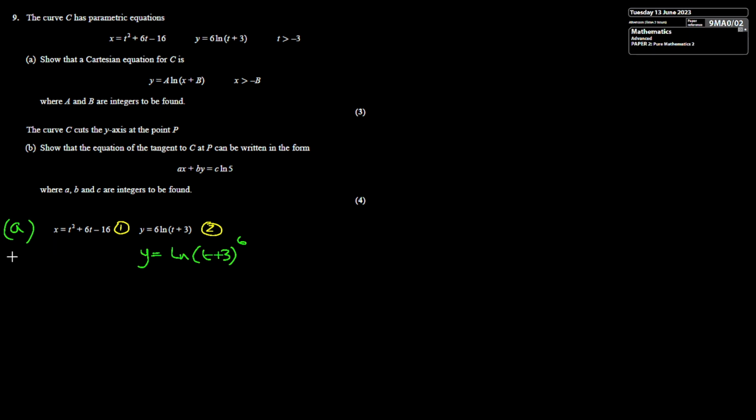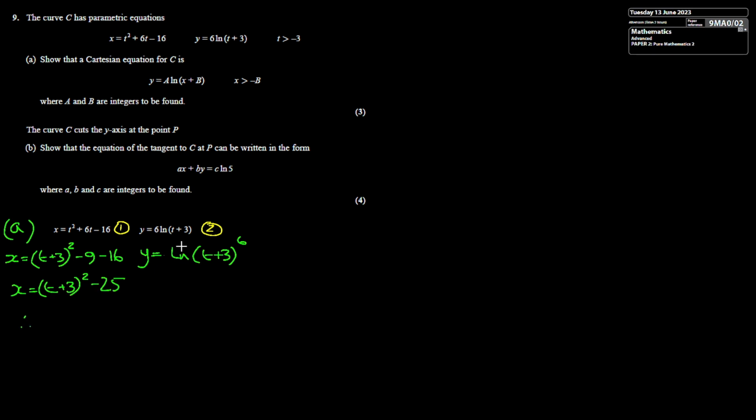So if we complete the square, x is equal to (t plus 3) squared. Now that will give us the t squared and the 6t, but it will also give us a positive 9 that we won't want. So I want to take that away immediately and then just copy and paste the negative 16 on here. So I get x is equal to (t plus 3) squared minus 25.